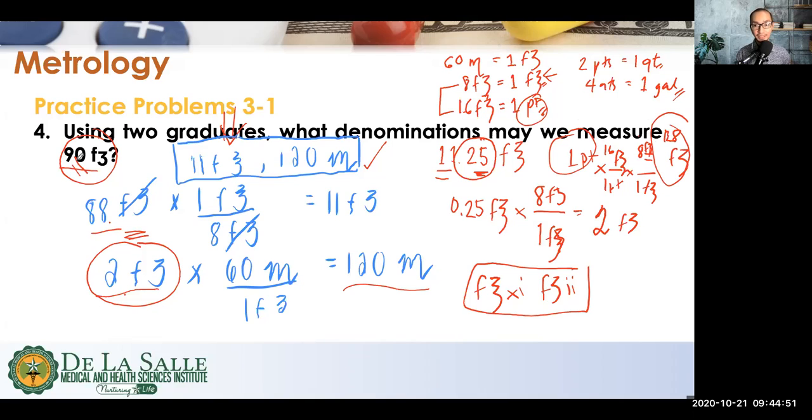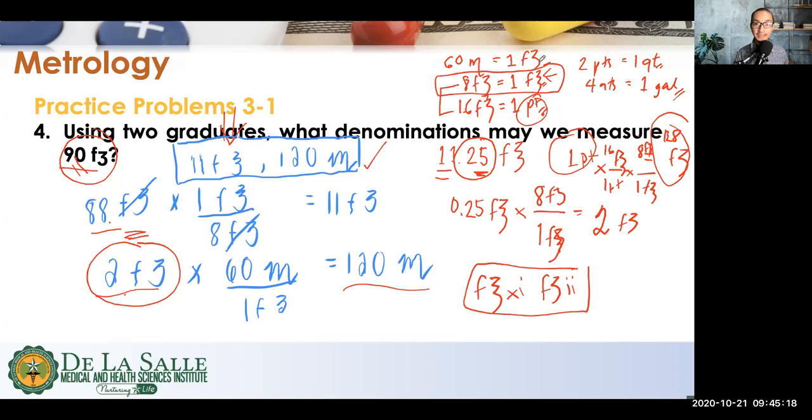So, we cannot measure the liquid using a graduate that is in pints. And so doon tayo sa lower denomination. Well, definitely hindi na yan quart or gallon, kasi it will be a very, very small fraction already of a quart or gallon. So we choose the fluid ounce. So focus tayo dito.